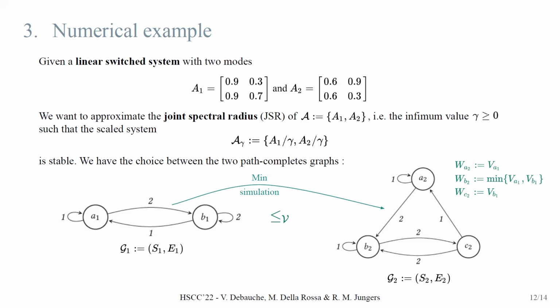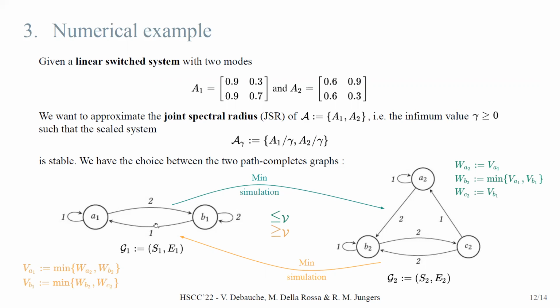We have also seen that the functions W that are defined like this are admissible for G2, provided that the functions VA1 and VB1 are admissible for G1. And this actually translates a simulation relation between G1 min and G2. Similarly, it is possible to prove that G2 min simulates G1.